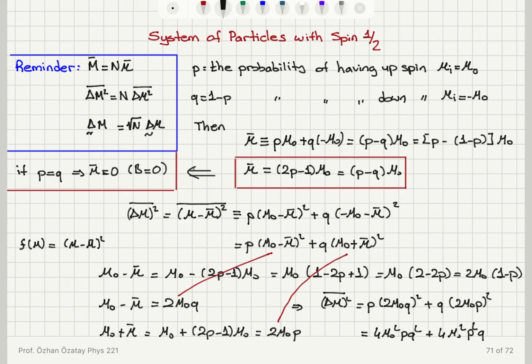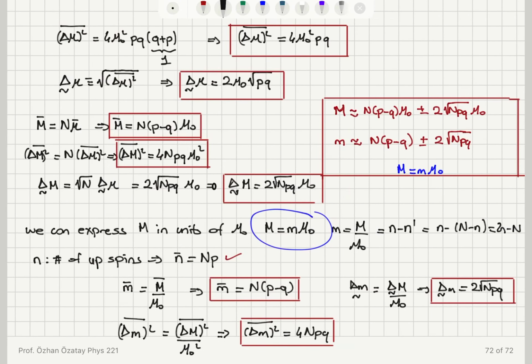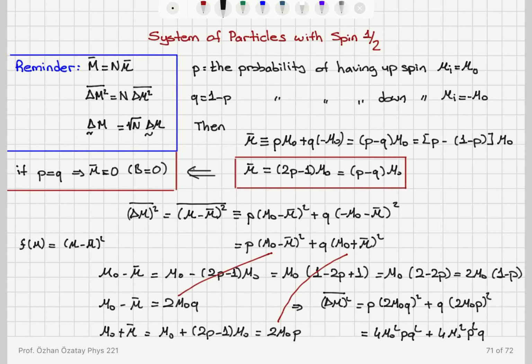And then I calculated what is mu 0 minus mu bar and what is mu 0 plus mu bar, which appears in this expression, and substituted the results here to find that the variance of the magnetic moment per spin is 4 mu 0 squared pq with a standard deviation, the square root of that, 2 mu 0 square root pq.